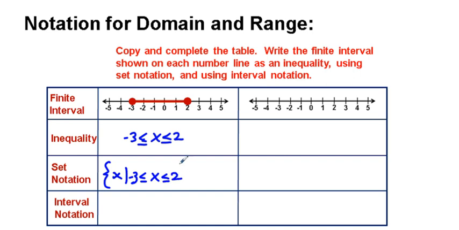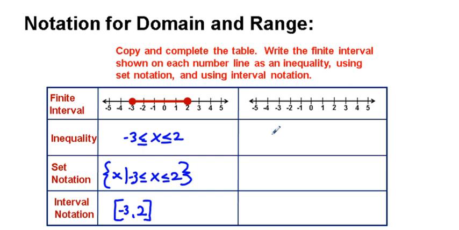So very similar to inequality notation. And finally, interval notation, which should be a shorthand of it. We have greater than or equal to -3. So that's open bracket, -3, comma, 2, and it's less than or equal to. So here we have the closed bracket.